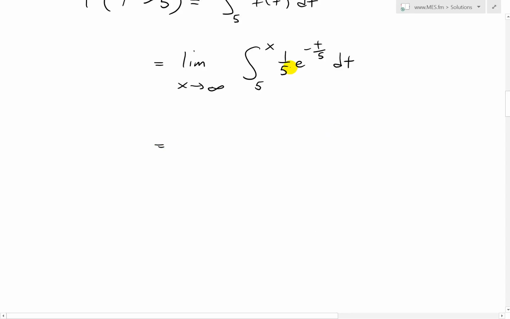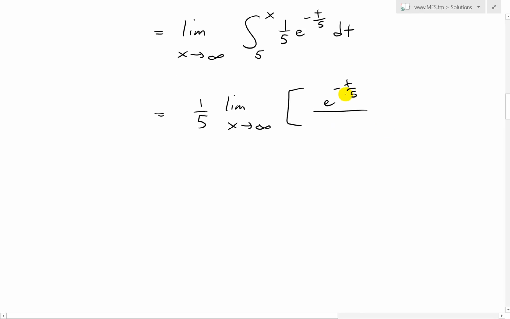So this equals, again, take this 1/5 out of there, so it's all constant. We can take it out of the integral, and the limit is just a constant, it doesn't change anything. Limit as x approaches infinity, from 5 to x. Actually, I'll just evaluate this. Like before, this is going to be e to the negative t over 5. The integral of an exponential function is the exponential itself, but I'll have to deal with the constant in the power, so we have to divide by that again, negative 1/5.